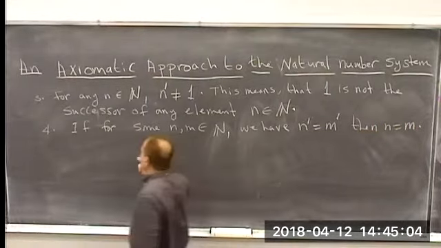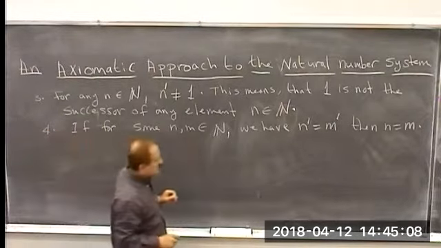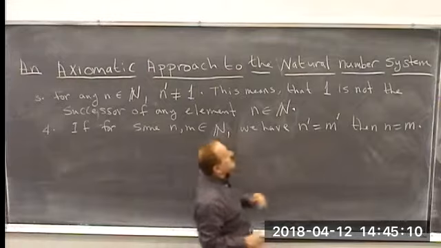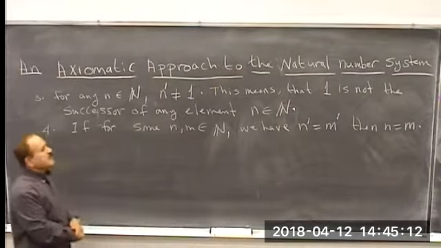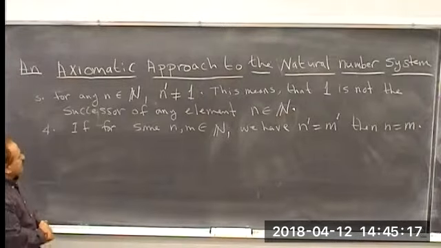So if we have two natural numbers, or two elements from this set, that have the same successor, then actually these two elements are identical.